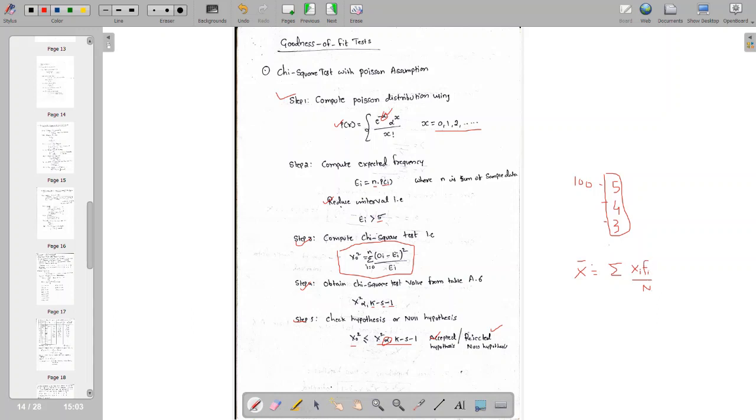This is the equation to calculate the critical value of alpha.